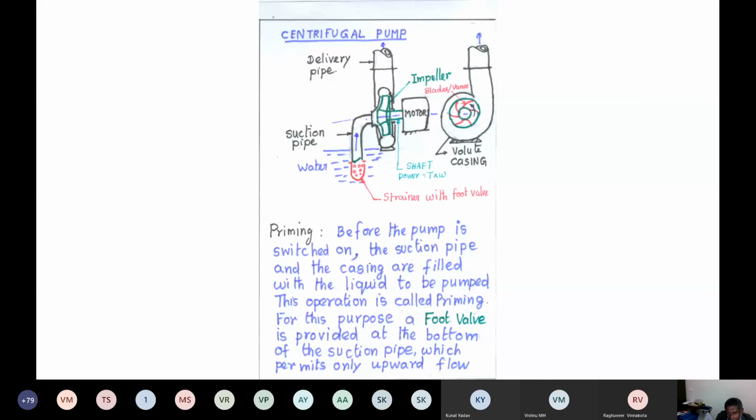And when you write cavitation, you should say it is a destructive phenomena taking place in liquid flow system. You should underline that, because you don't have cavitation in compressors and fans. Wherever liquid flow is there, obviously it is liquid flow because only liquids will boil. Okay, so cavitation is a destructive phenomena taking place in liquid flow systems.